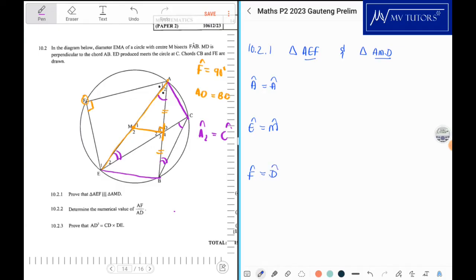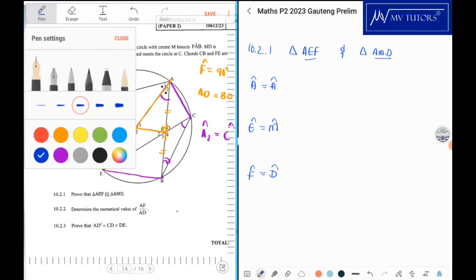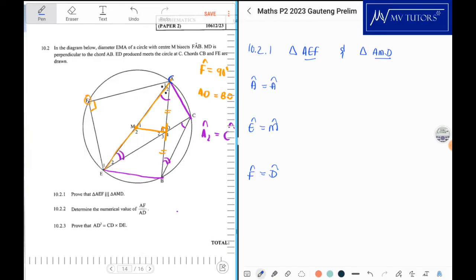So let's see. Where is triangle AEF? Let me use a different pen. Let's go with blue this time. Triangle AEF. Okay, so I see there's A, there's F, and there's E. So basically looking at this triangle over here. So there's triangle AEF.